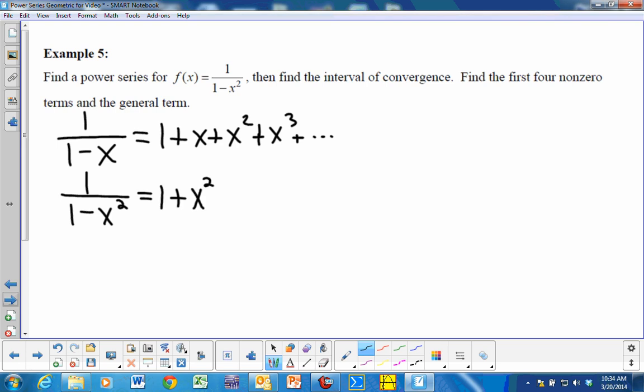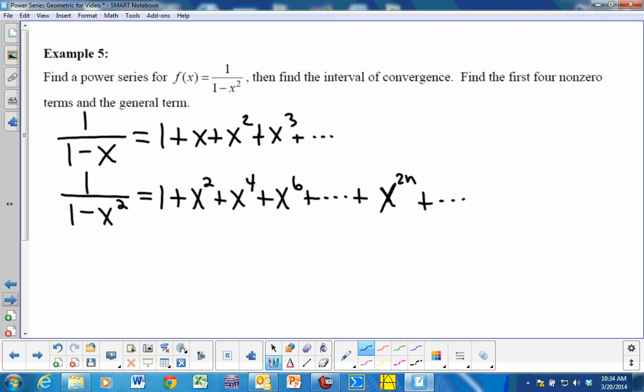So we'll have 1 plus x squared plus x to the 4th plus x to the 6th, and so on, because I'm simply putting x squared in place of x. And so what I've ended up with now are all even powers. So that means I'll have a 2n in the exponent for my generic term there. And I can just let n start at the right place, which will be at 0, and there we go.